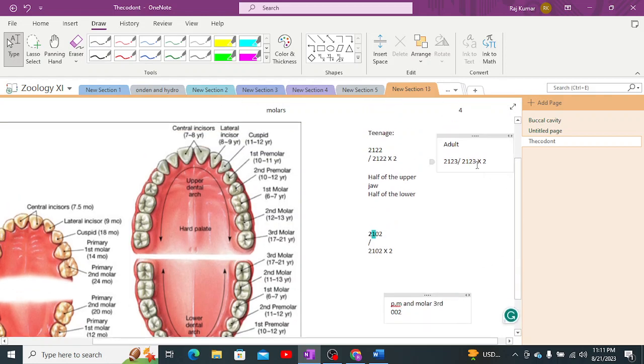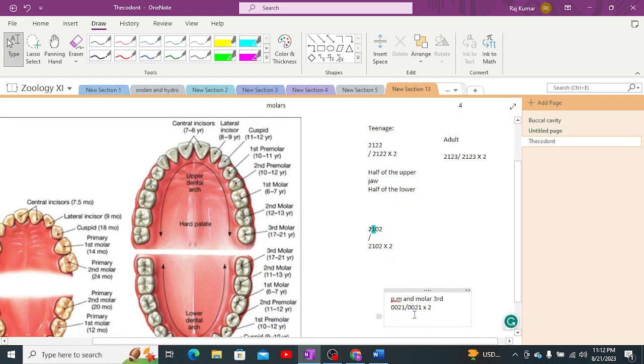After which we have 3 in permanent teeth and 2 in milk teeth, so ultimately it becomes 1. So 0021 upon 0021 into 2 is the formula for calculating the number of monophyodonts present inside the human teeth structure.